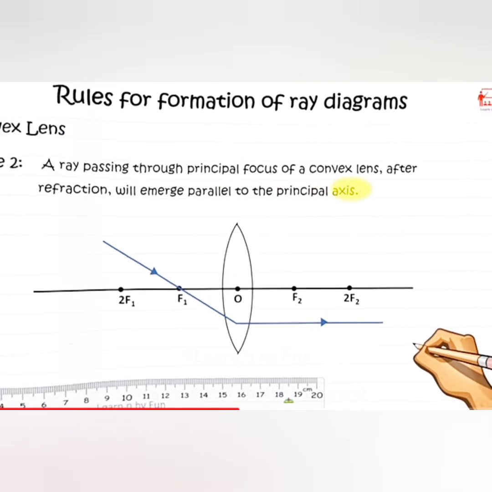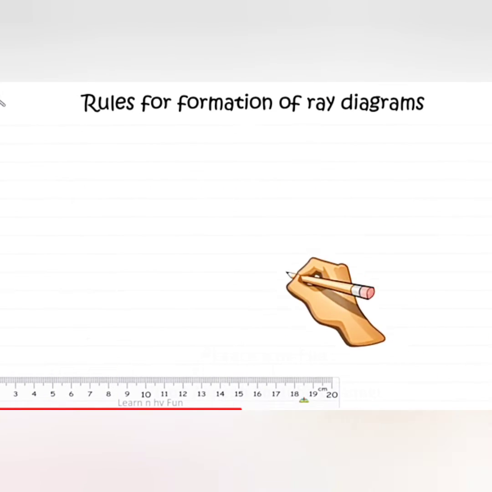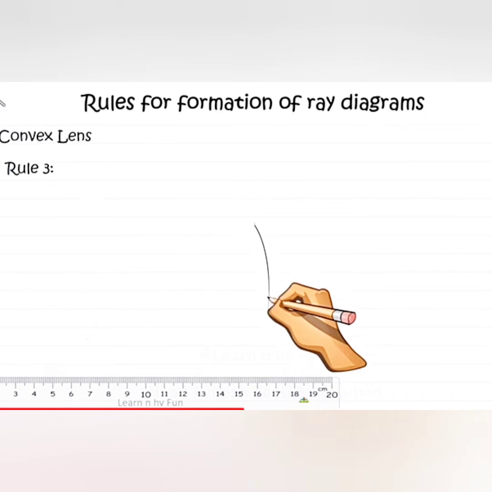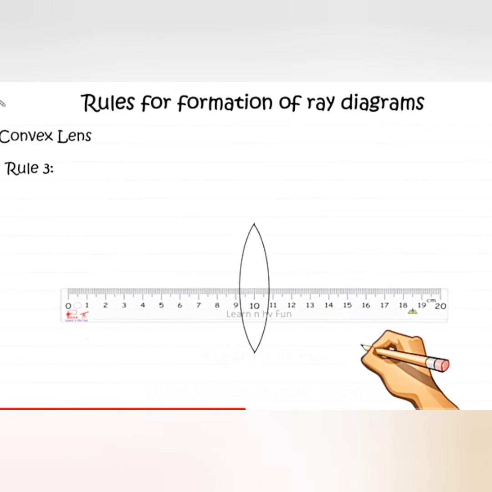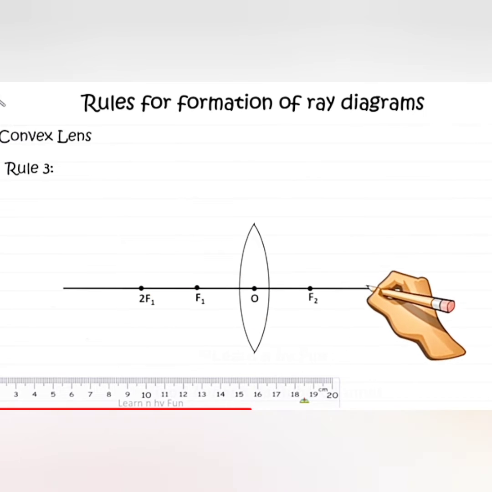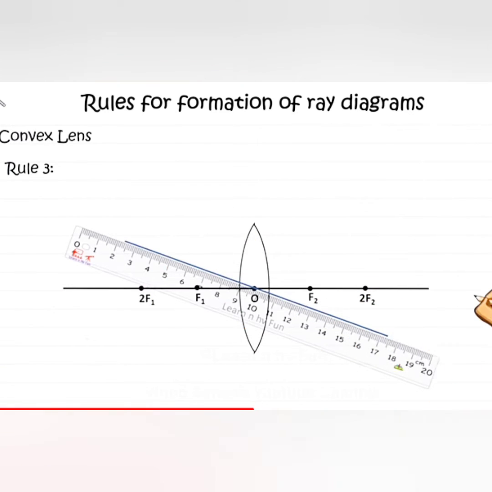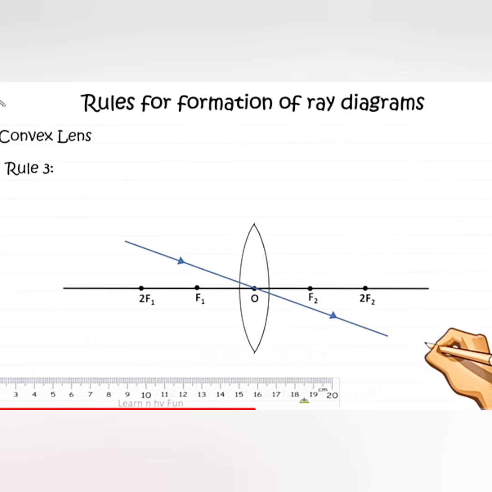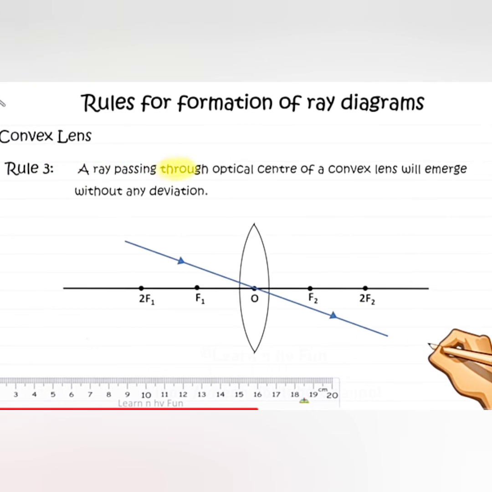Now rule number 3. A ray passing through the optical center of a convex lens will emerge without any deviation. You are watching a straight line passing through optical center O, so it will emerge without any deviation.